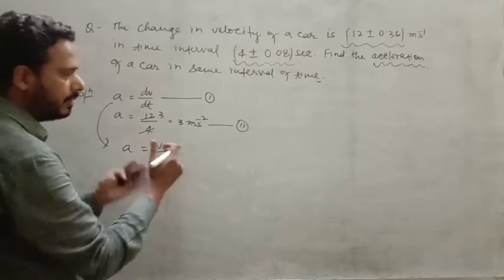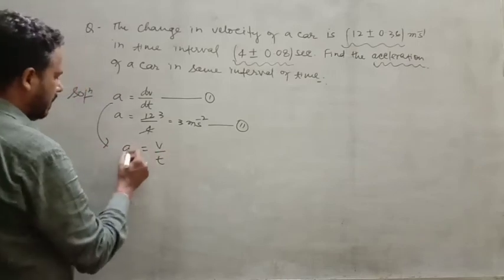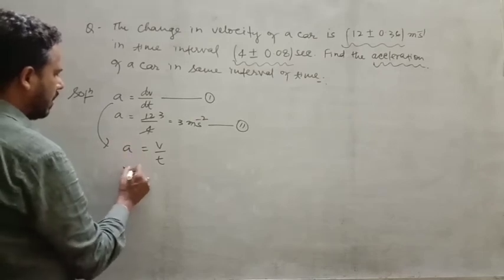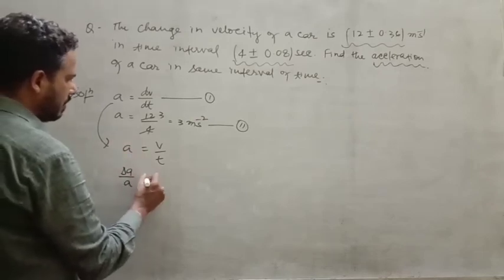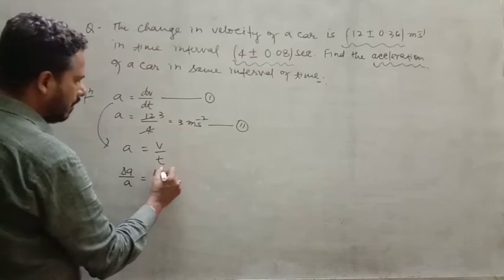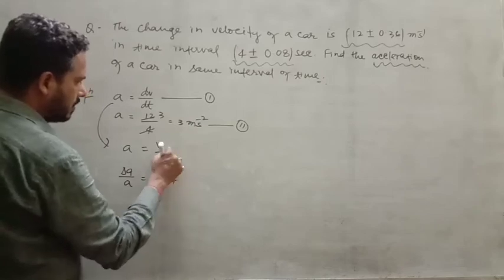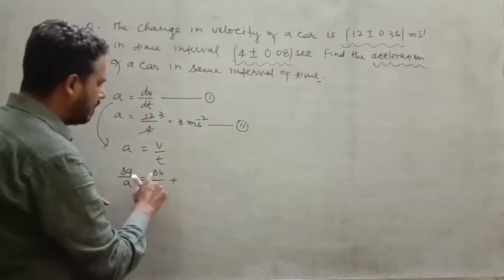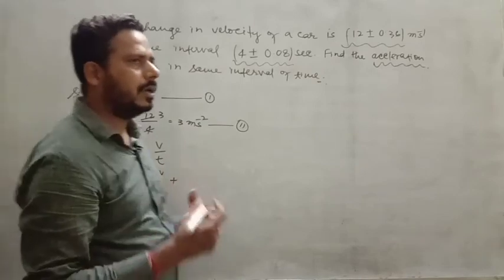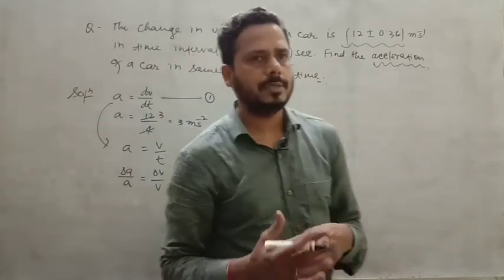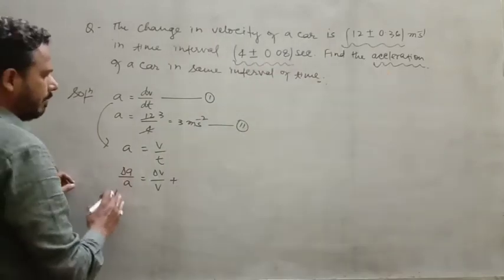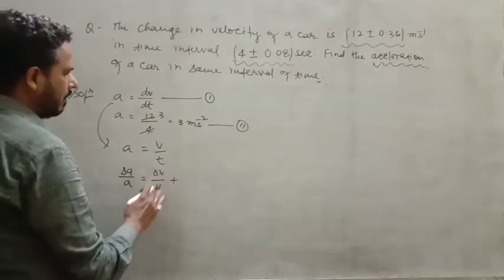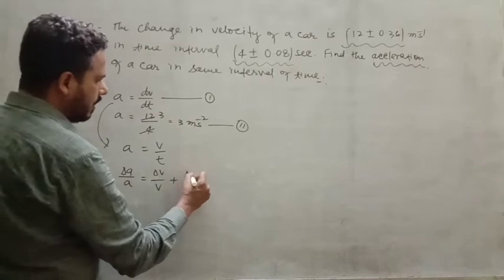Then how can you change this into its absolute error? We have seen already that in case of division you can write the absolute error as delta a by a is equal to delta v by v plus delta t by t.